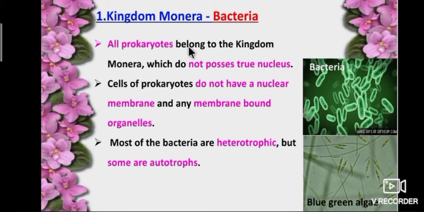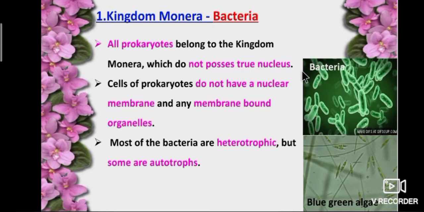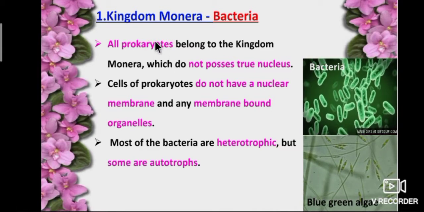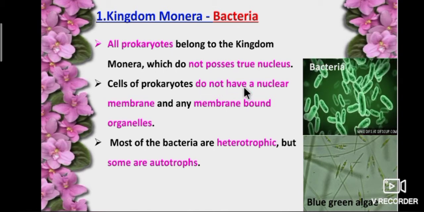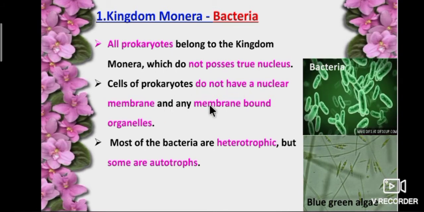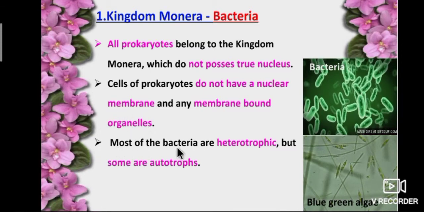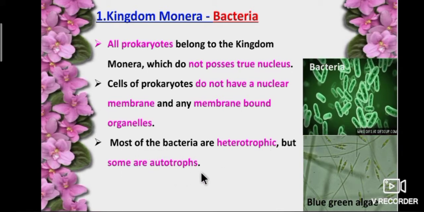All prokaryotes belong to the kingdom Monera, which do not possess true nucleus. What is prokaryotes? Prokaryotes contain only one cell. Cells of prokaryotes do not have a nuclear membrane and any membrane-bound organelles. Organelles means little organs. Most of the bacteria are heterotrophic, but some are autotrophs.